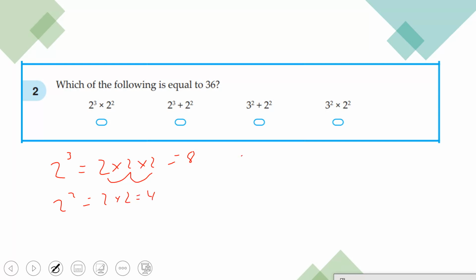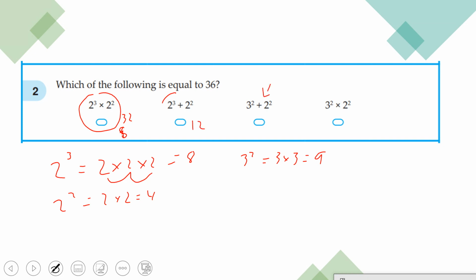4. Then we've got a 3 squared. Okay, so this one over here is going to be 8 times 4. 8 times 4 is 32. This one over here is going to be 8 plus 4, which will be 12.